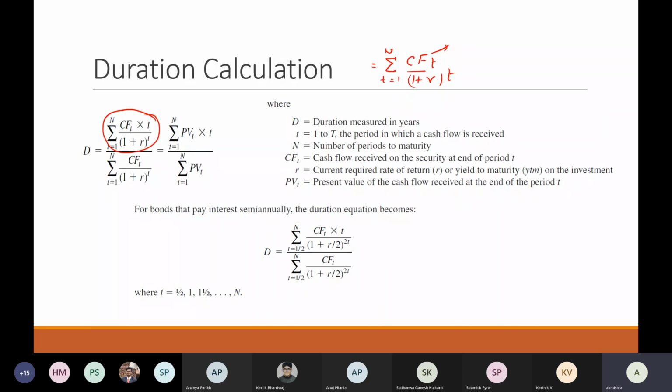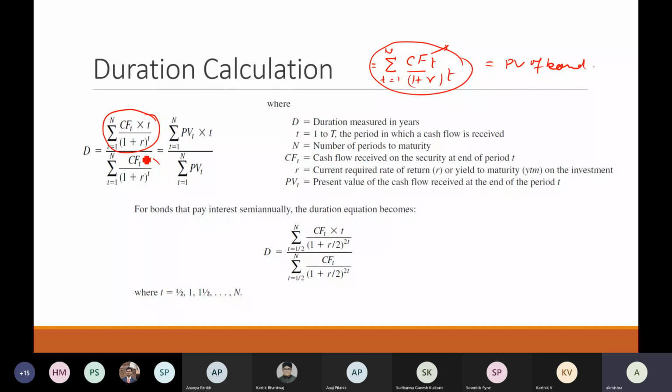Payment could be of two types. One is maturity value. Another is your interest component or interest payment, based on how much coupon rate is mentioned. So basically this is nothing but the present value of the bond.